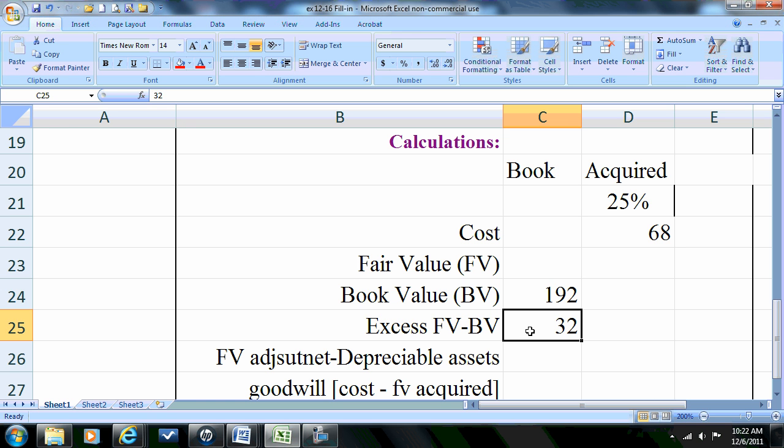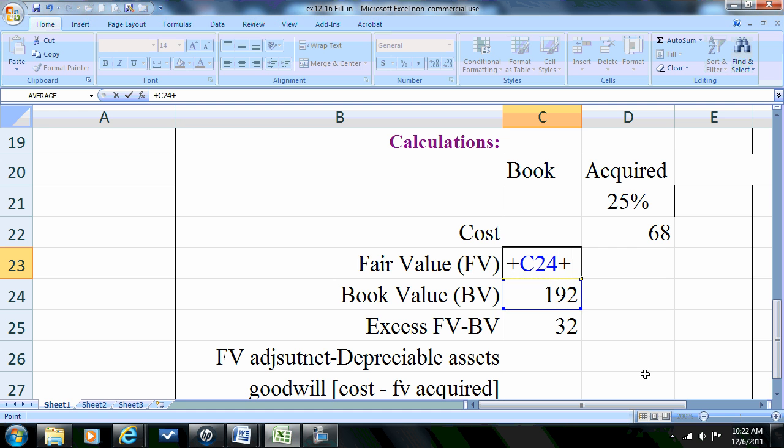They also tell us there's a $32 million difference between the fair value and the book value. So they don't give us the fair value. Most problems will. So we're simply going to add the book value and then the excess. So the fair value of Carney's net assets are $224 million.